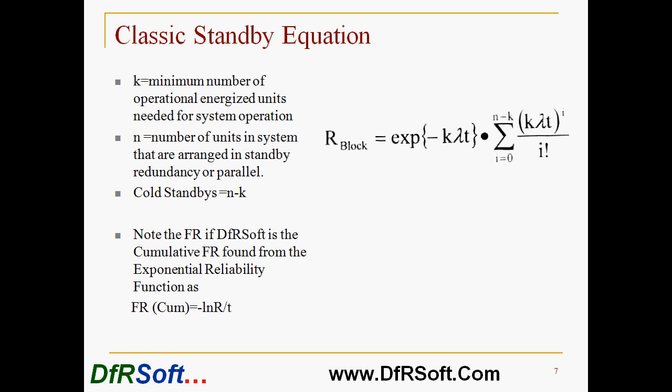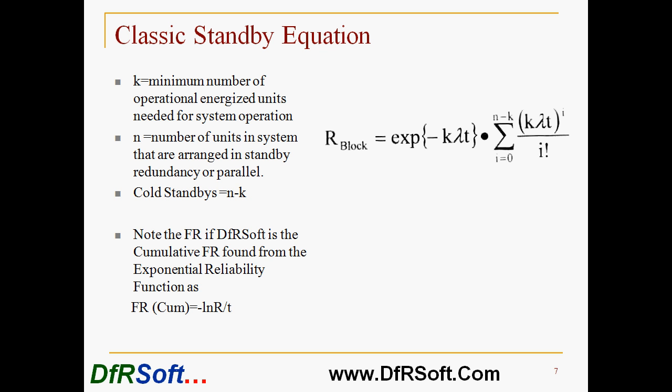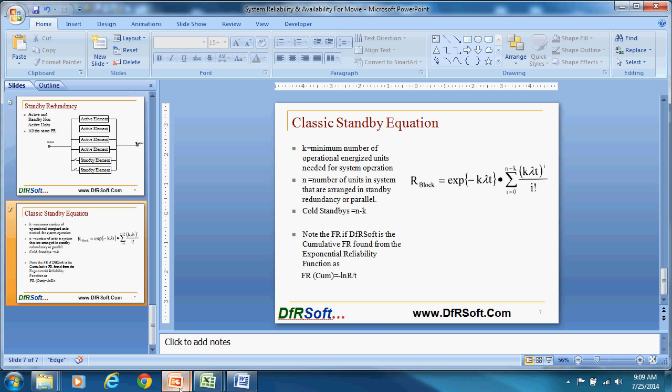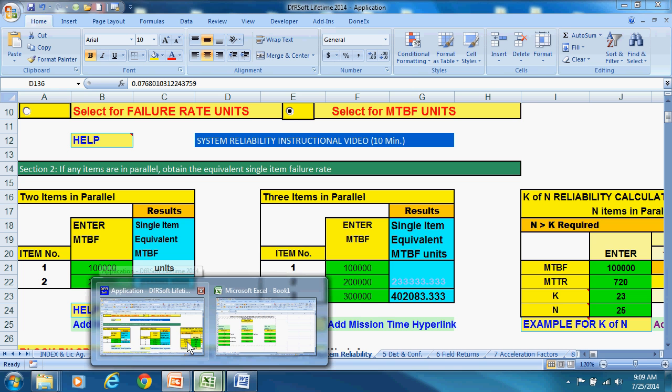So let's look at that. Just before I go over, I'll also point out that the definitions are provided here. So let's switch over to DfRSoft and see how you do that.